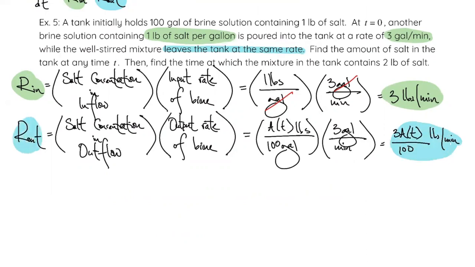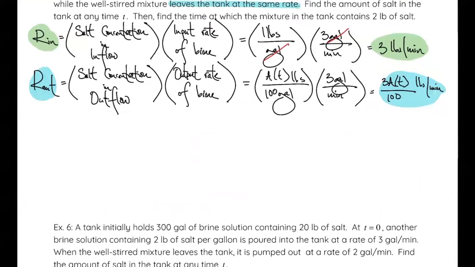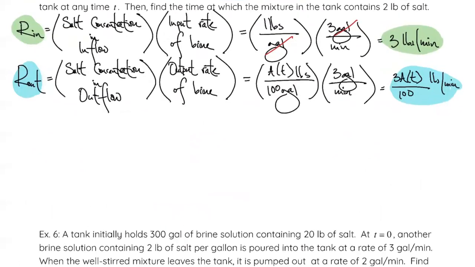And so now we're going to be able to go ahead and set up our differential equation. So dA/dt equals rate in, which is 3, minus rate out, 3A over 100. Now we look at this, I see a minus, and my first thought is, I don't think this is separable.